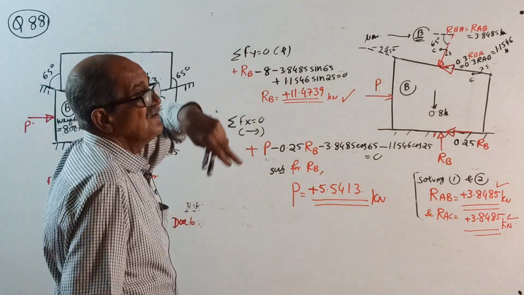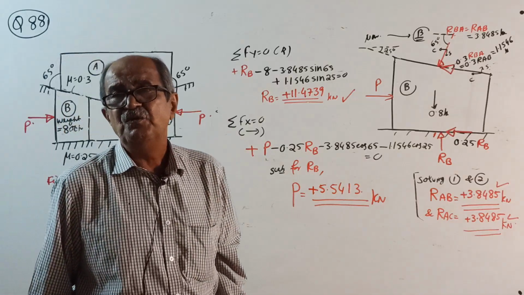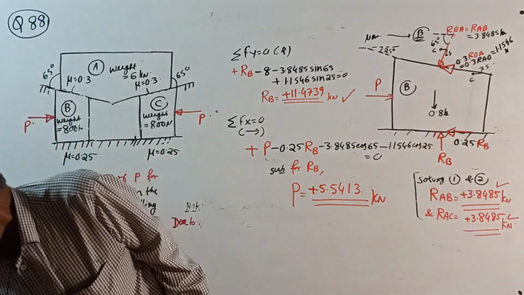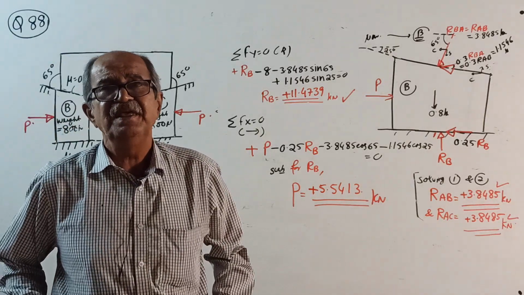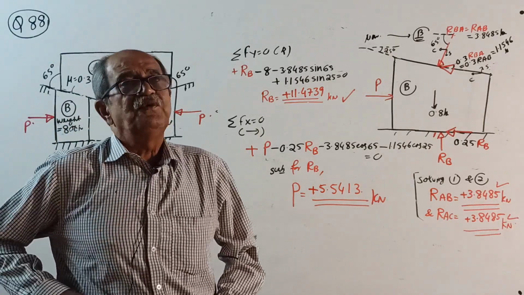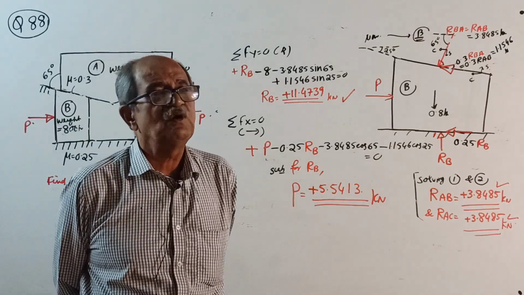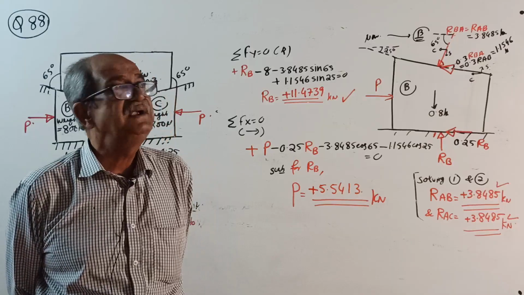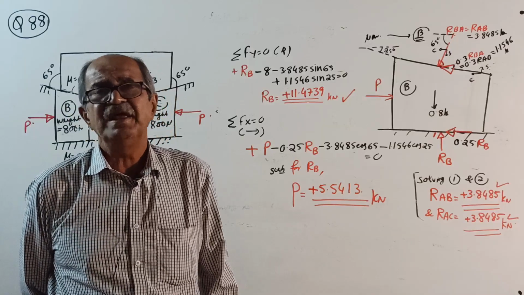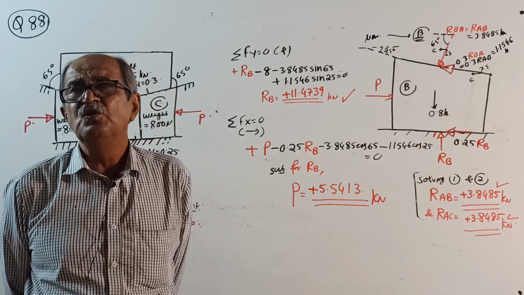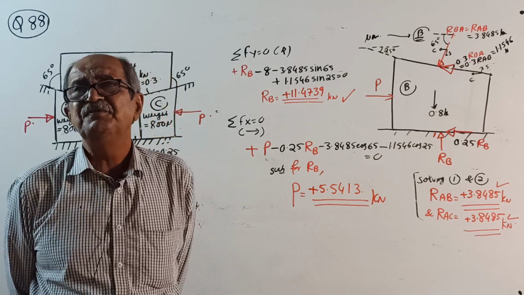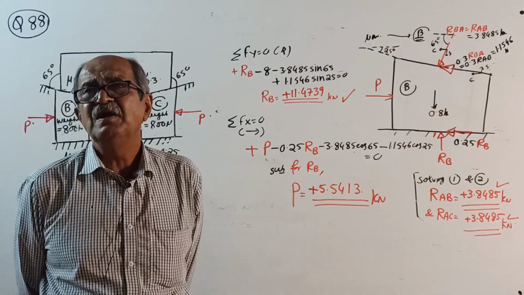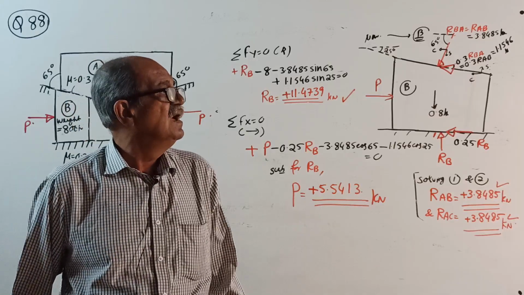That was question 88. Next class, question 89, we are starting the last part of friction, that is ladder friction. For mechanical people, there are two more frictions called screw friction and belt friction. That I am not covering, because it is not required for civil students.